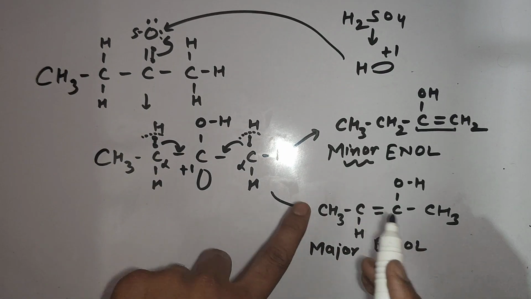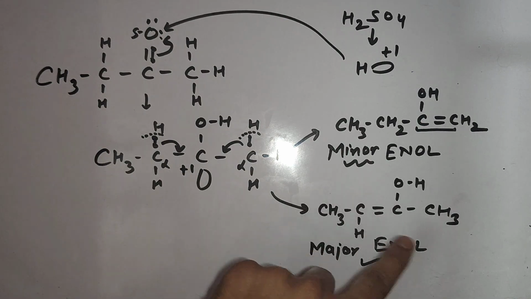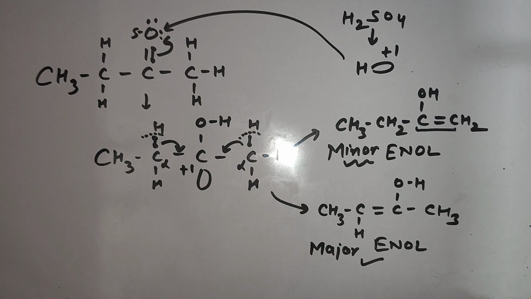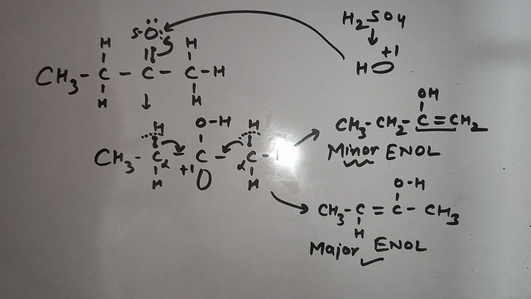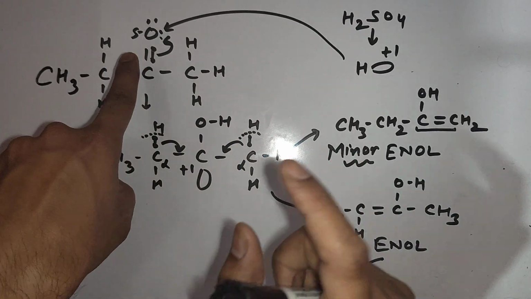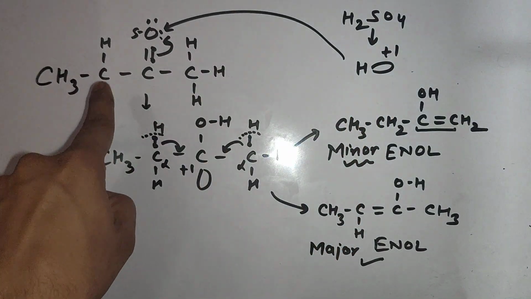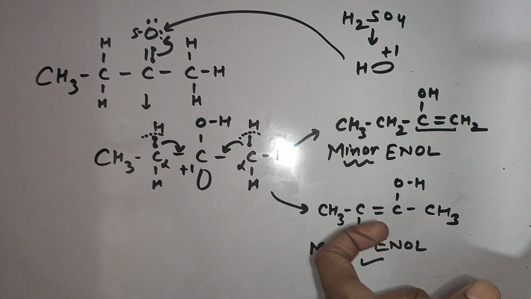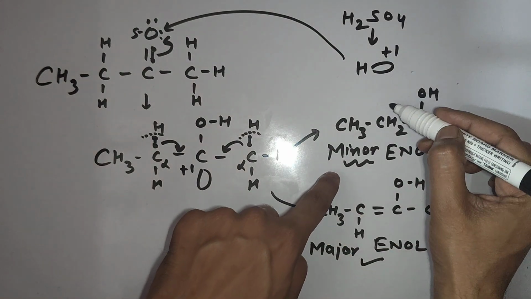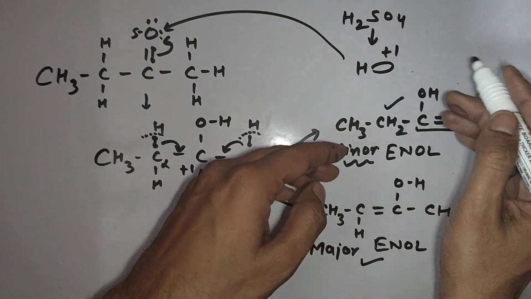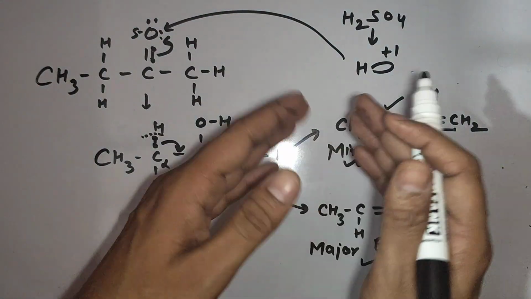So for the further oxidation product, I am going to use the major number of particles. This enol I will use. How will this enol be further oxidized? Let's check. Ketone will not oxidize directly. First, in acidic conditions, it will create its enols. These enols will be further oxidized. No problem, you can make products from this other enol also, but that product will be in minor amount, so I am not drawing them.